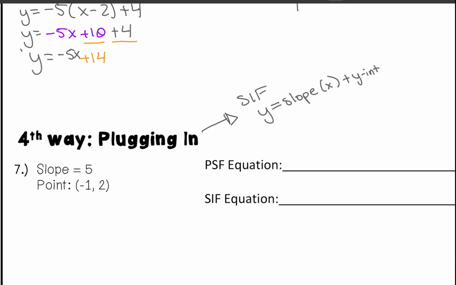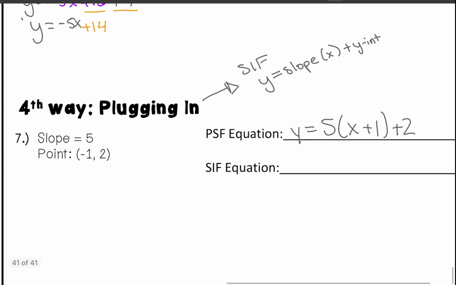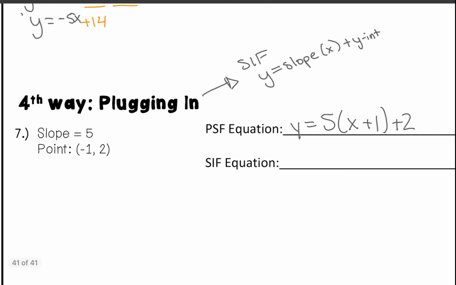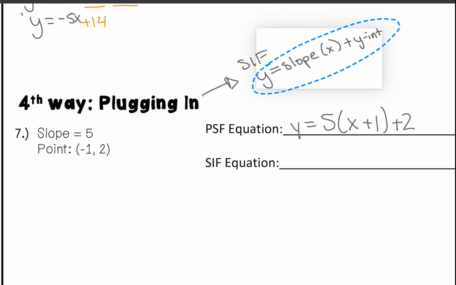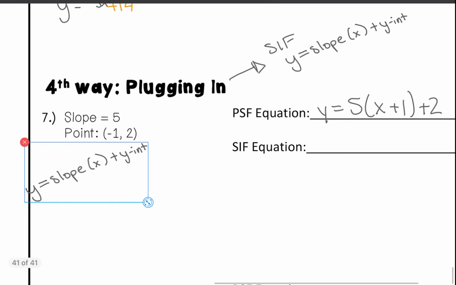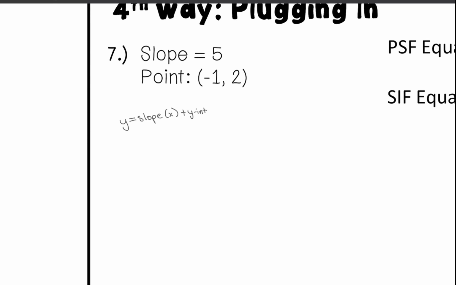So first let's write our point-slope form, which is just a repeat of number 5. So we have 5 times x plus 1 plus 2. Now again, we're going to take this and plug it in here. Replace the y.